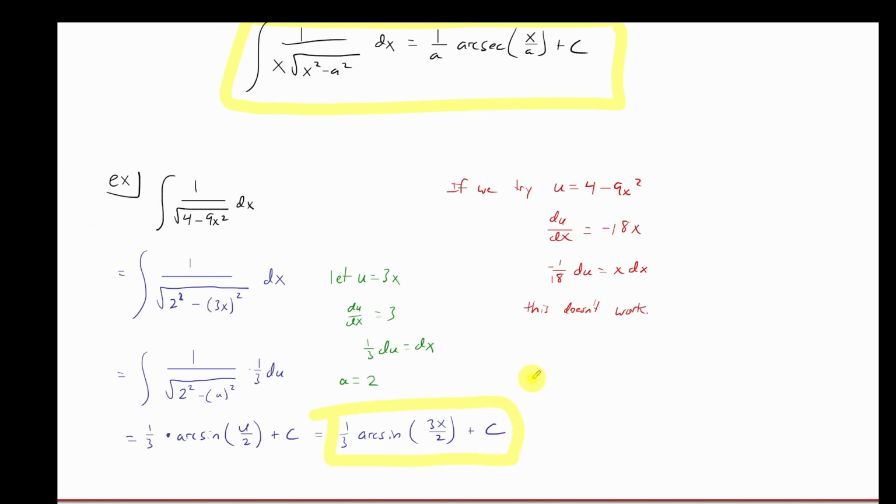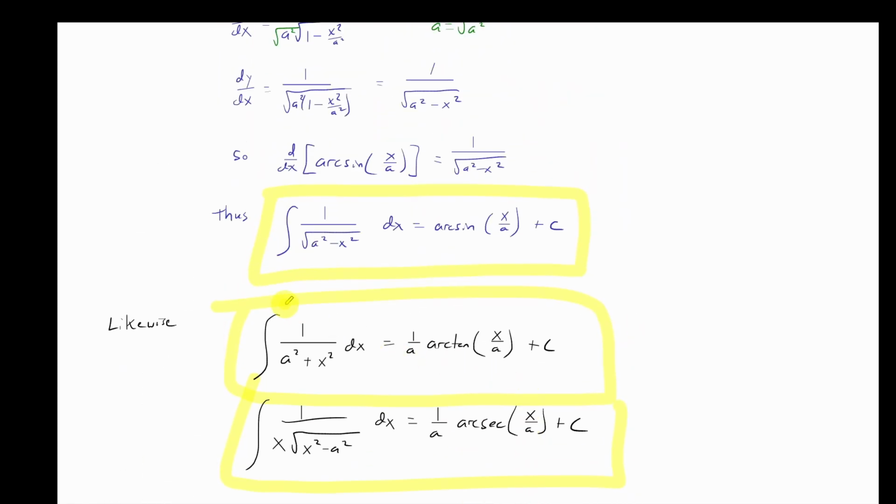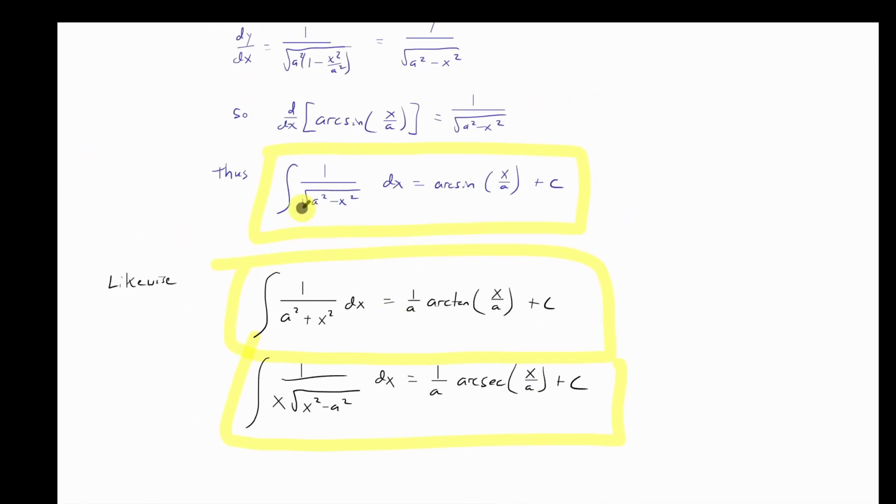Now going back to these formulas, sometimes it's easier if we reference them the way you would see them written in the book. Instead of writing x's, we could write these with a u.